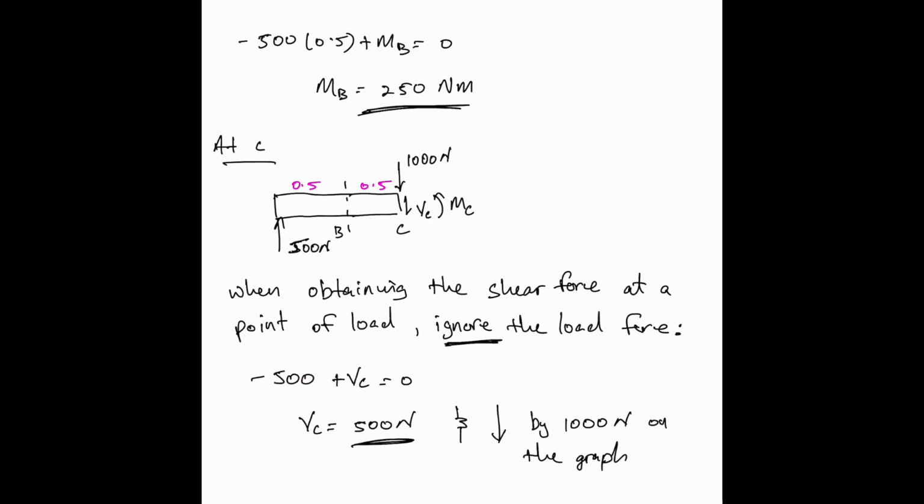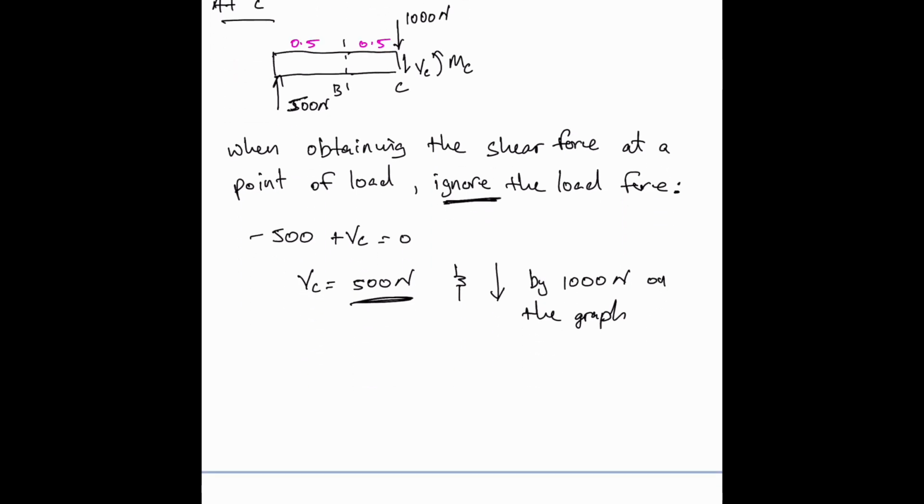If we had put in plus 1000 here, then the value for VC would have been minus 500. You could try that and see. So at C, we have already two values of shear force. We have 500 and minus 500.